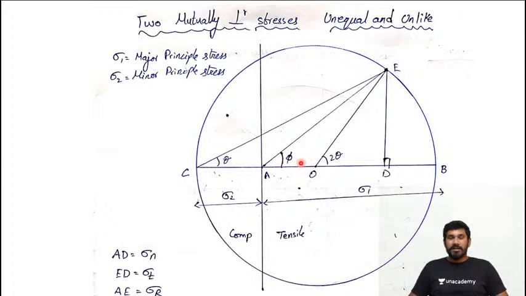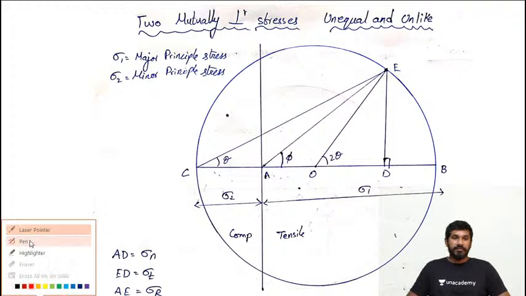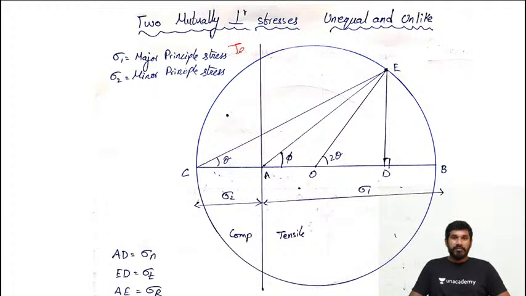Now coming to the other part, that is the second type: two mutually perpendicular stresses, unequal and unlike stresses. Unequal and unlike means sigma 1 is the maximum principal stress, sigma 2 is the minor principal stress, where sigma 1 is tensile, sigma 2 is compressive.